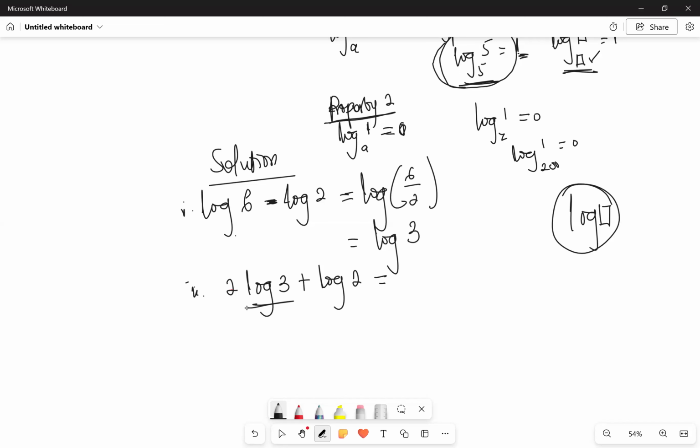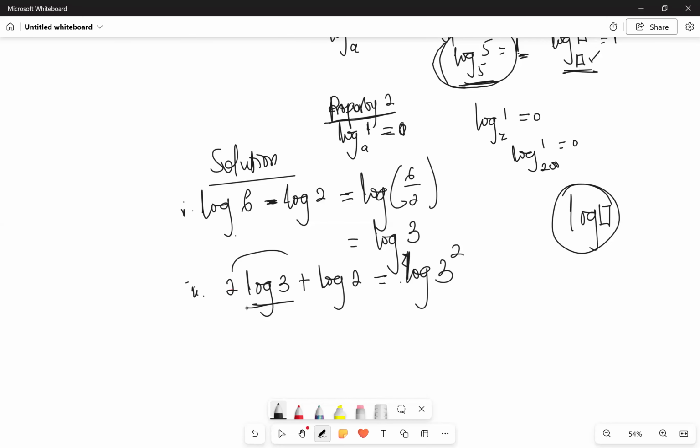So it's going to be log 3 squared. You bring it back because if it's there and you are asked to simplify, you will bring it back. But now we needed to solve the whole question.